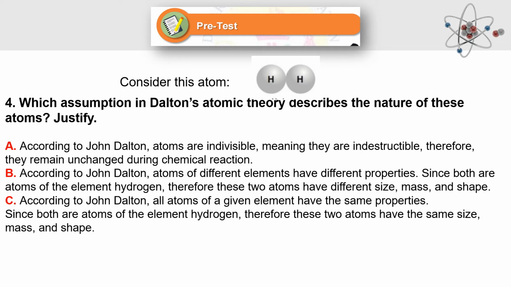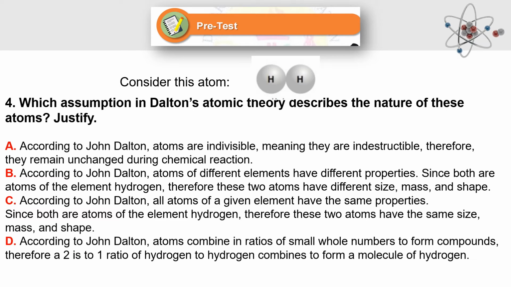Since both are atoms of the element hydrogen, therefore, these two atoms have the same size, mass, and shape. Letter D. According to John Dalton, atoms combine in ratios of small whole numbers to form compounds. Therefore, a 2:1 ratio of hydrogen to hydrogen combines to form a molecule of hydrogen.